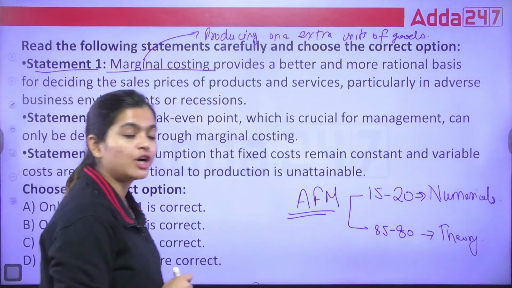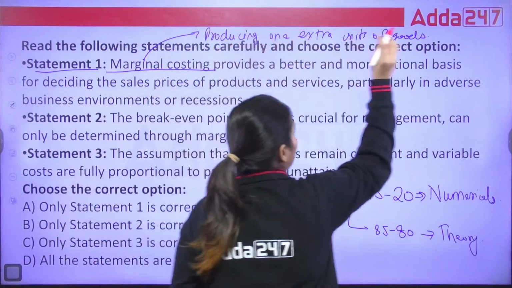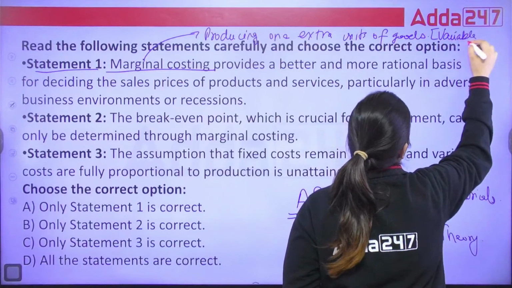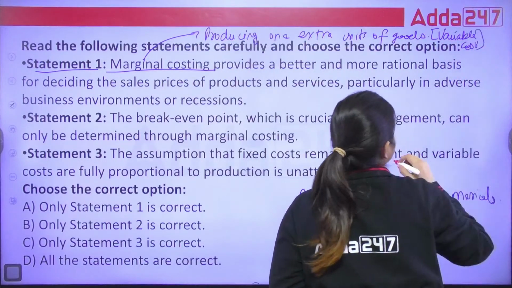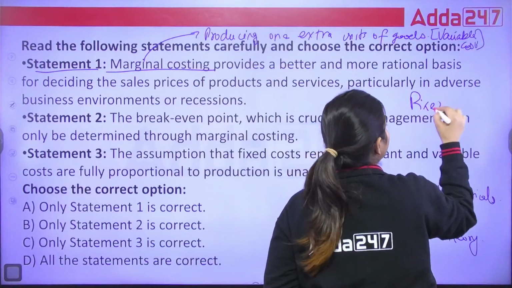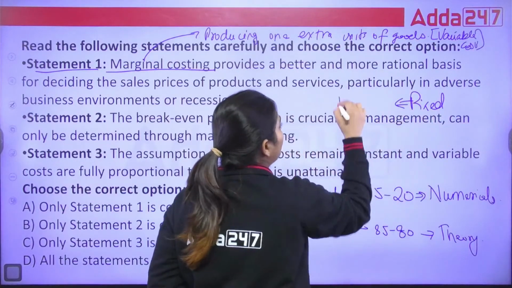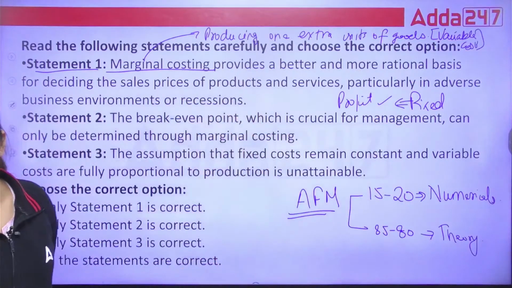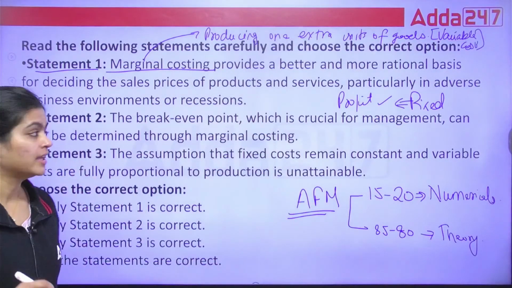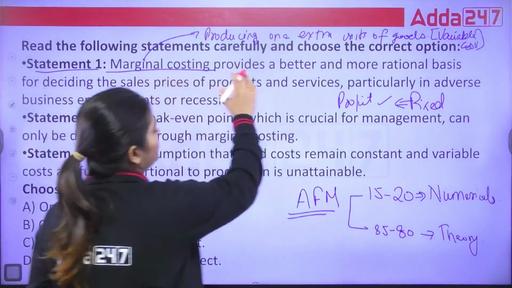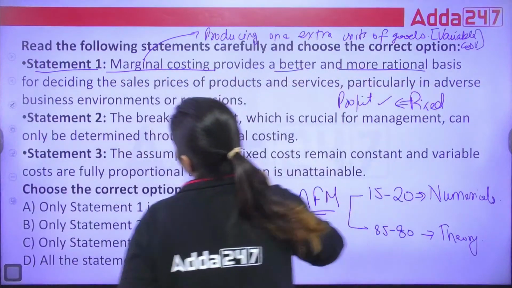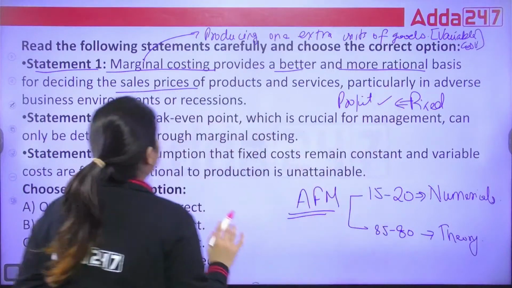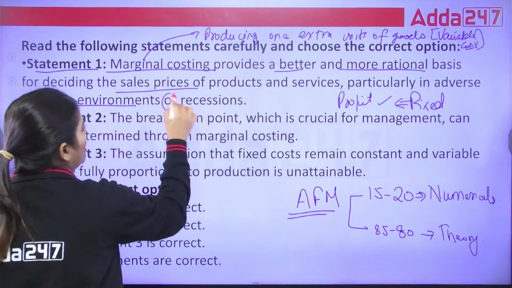So under marginal costing, it is said that we always use variable cost for calculation. So what about fixed cost? Fixed cost is used for profit calculation only. That is what is given by marginal costing. So as per this, marginal costing provides a better and more rational basis for deciding the sales price of products and services, particularly in adverse business environments or recession.